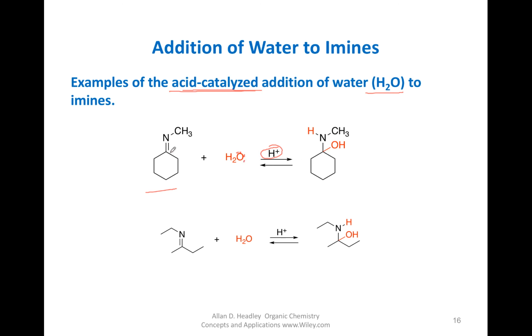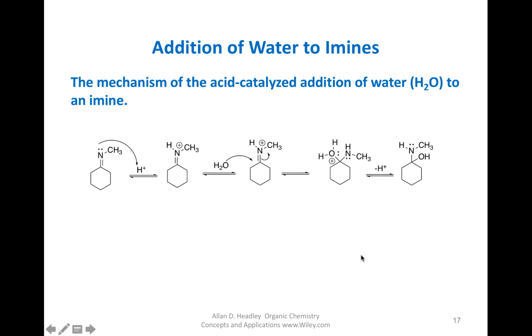So it will add to this carbon as shown here, and the proton will add to this nitrogen here. So that's our initial addition product. So if you're asked to write the product of this reaction, this would be it.